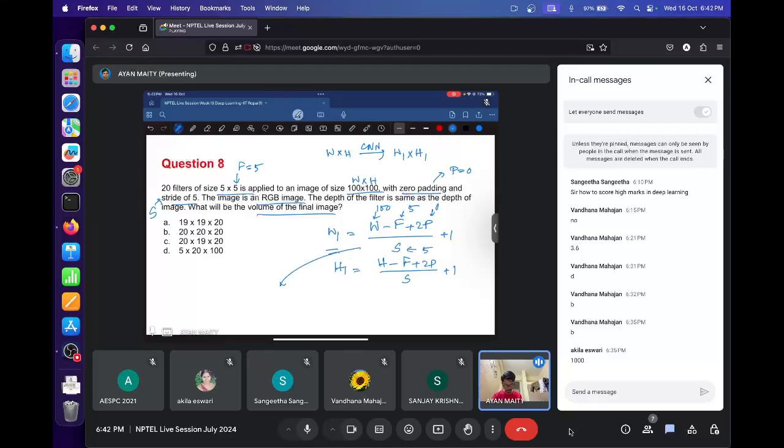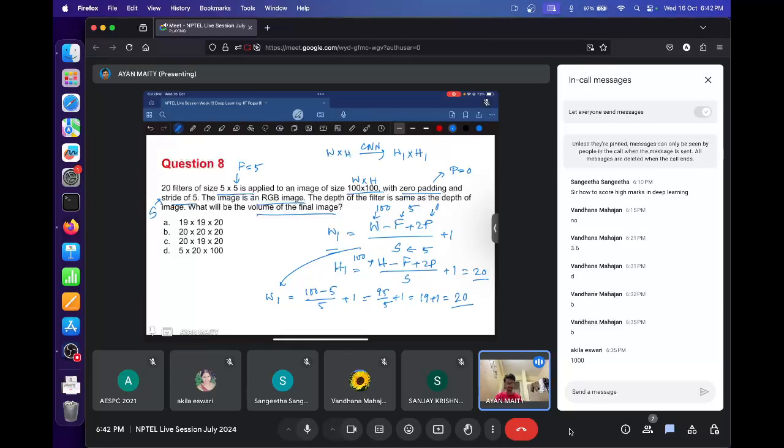If you plug in all these values, W1 would be 100 minus 5 divided by 5 plus 1, which is 95 by 5 plus 1, which is 19 plus 1 equals 20. Similarly, height would also be 20, because H is also 100 and all the other variables are the same. So H1 would also be 20. So height would be 20, width would be 20.